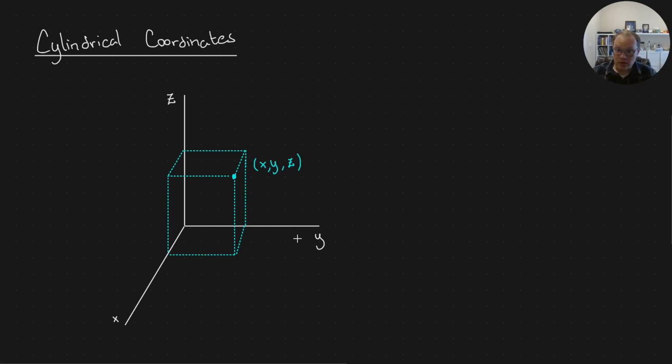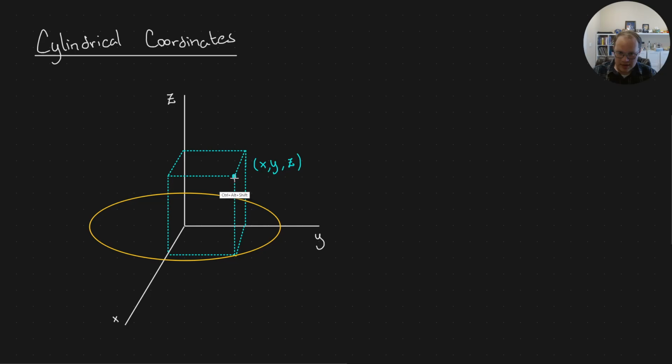So what about cylindrical coordinates? Well, what we do is for variables x and y, we just use polar coordinates as usual. Okay. So I draw a circle in the xy plane that goes through just the x and y part of this point.